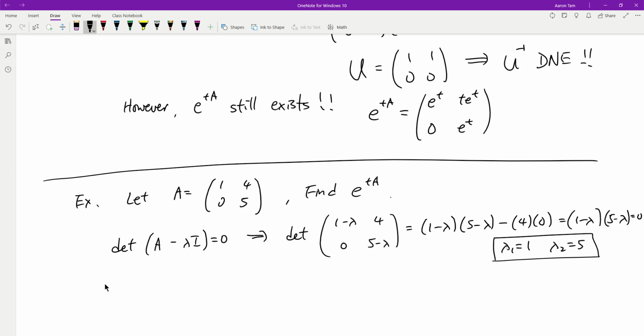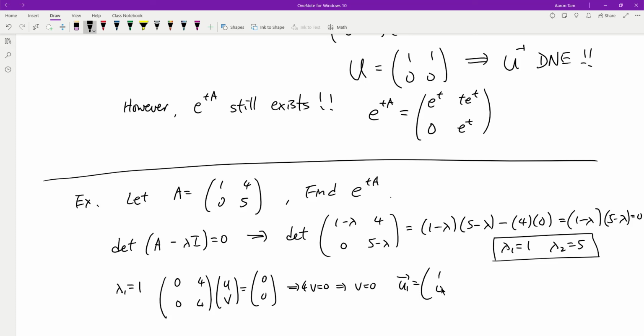And then I'm going to find my eigenvectors so that I can form my formula. My eigenvalue is 1, so therefore my matrix is [[0, 4], [0, 4]] times (u, v) equal to (0, 0). That results in 4v equal to 0, so v equal to 0. So I'm going to say that vector u1 will just be (1, 0), because I know v has to be 0, but u can be anything.